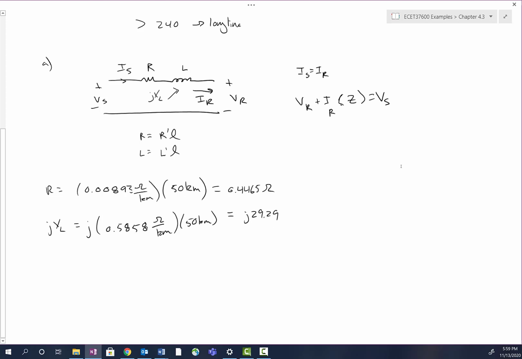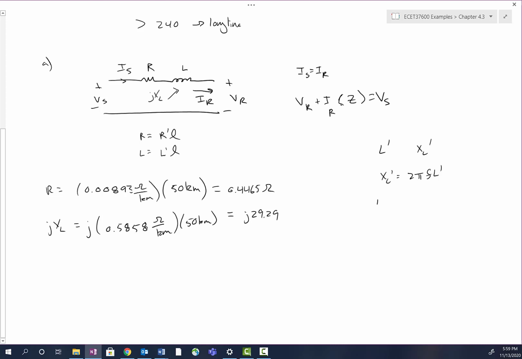I just want to do a little aside real quick. A lot of times we're given L prime, sometimes we're given XL prime. If I'm given L prime, to calculate XL prime it's typically 2 pi f L prime.